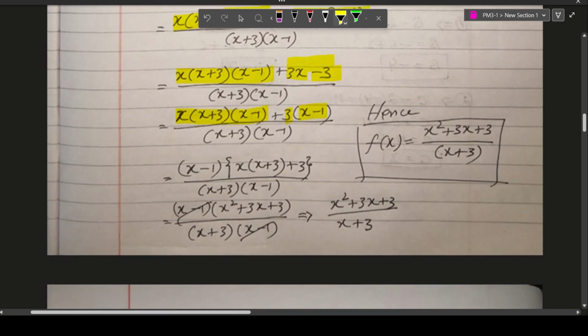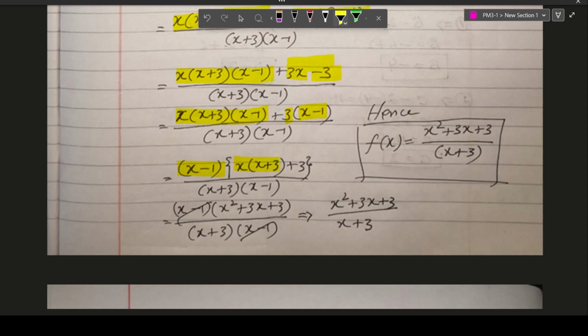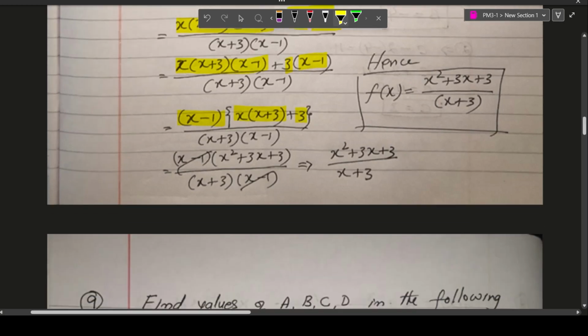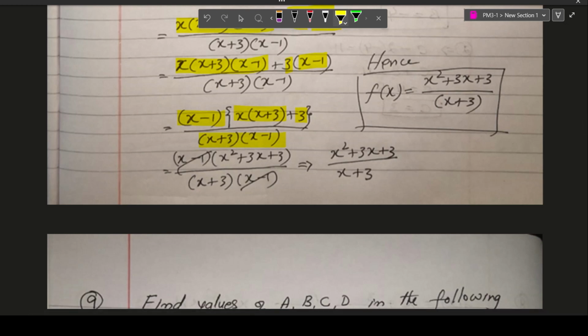Now in these 2 terms, x - 1 is common, which has been taken out, leaving behind x(x + 3) from the first term and +3 from the second term. The LCM will remain the same. So we will solve it further: (x - 1) times, expand this expression.